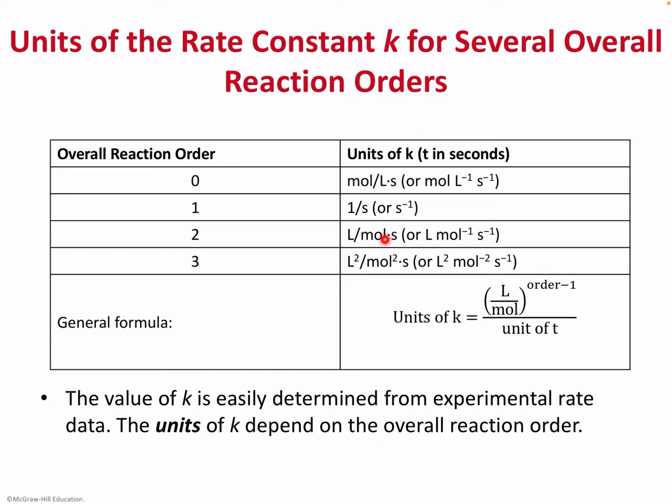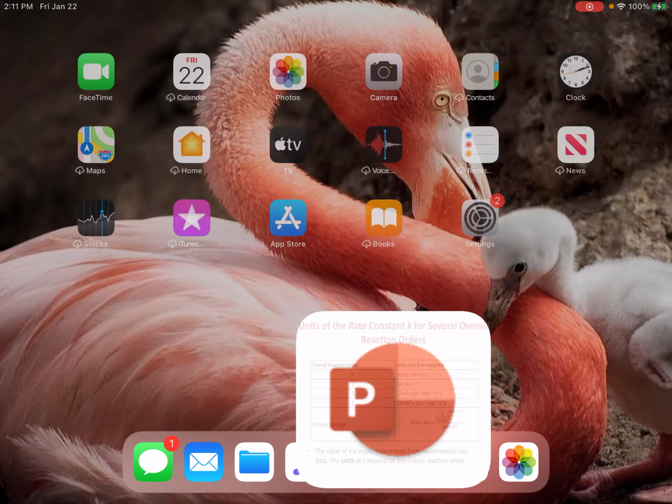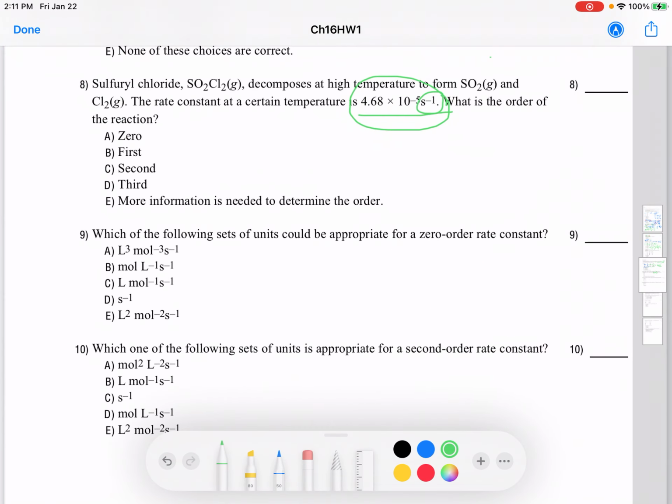For a second order reaction, these are the units. For a third order reaction, these are the units. Since we are only given the rate constant with its unit, that unit represents a first order reaction. So by looking at that, you can directly get the order of the reaction.